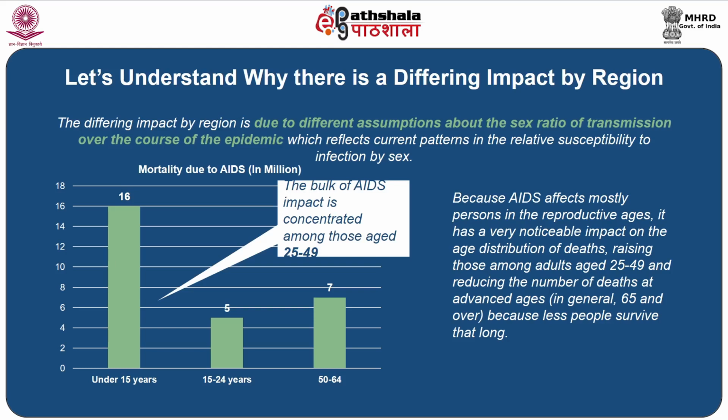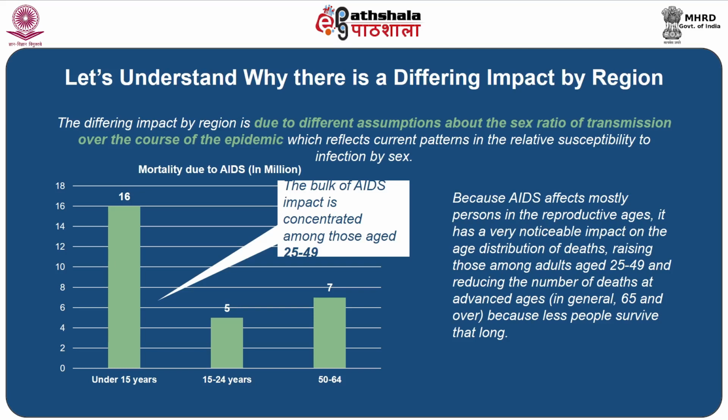Because AIDS affects mostly persons in the reproductive ages, it has a very noticeable impact on the age distribution of deaths, raising those among adults aged 25 to 49 and reducing the number of deaths at advanced ages, in general 65 and over, because fewer people survive that long.